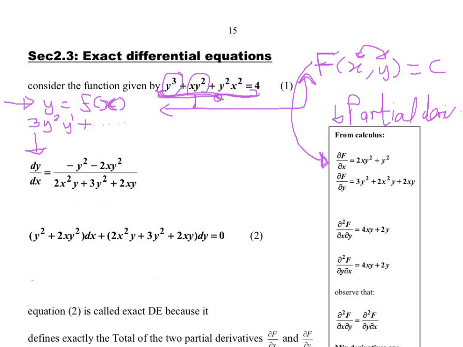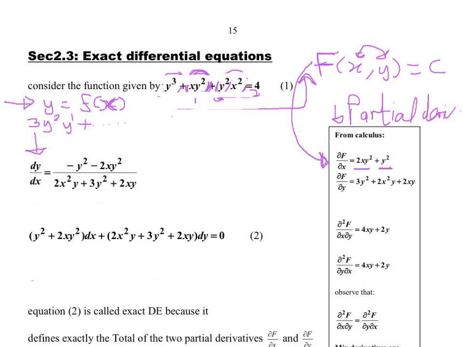For this part, y squared is constant, so it's like you are differentiating 6x, so you say 6. So the derivative of y squared x is y squared. The derivative of this with respect to x, y squared is constant, so the derivative of x squared is 2x, so it's going to be 2xy squared. This is the partial derivative with respect to x.